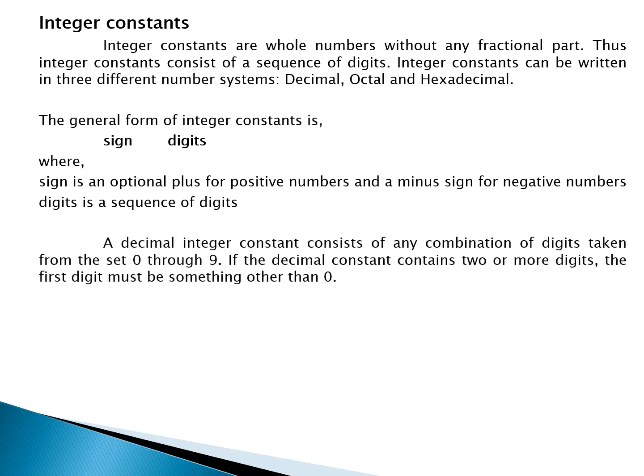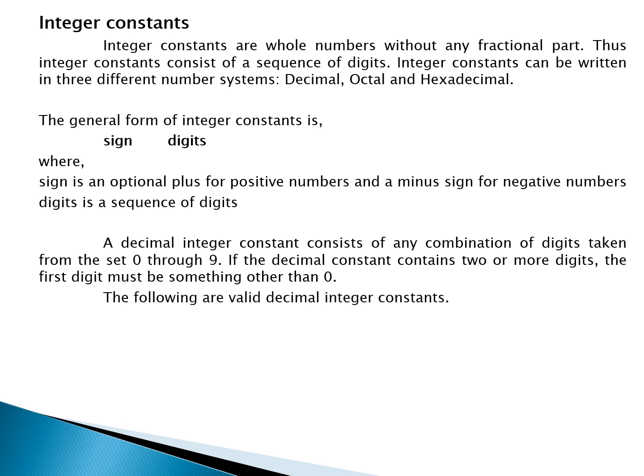A decimal integer constant consists of any combination of digits taken from the set 0 through 9. If the decimal constant contains two or more digits, the first digit must be something other than 0.